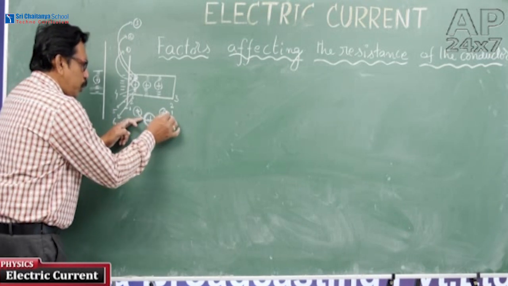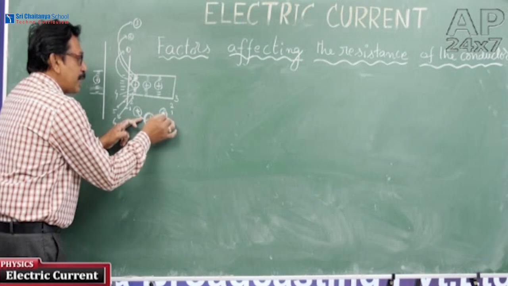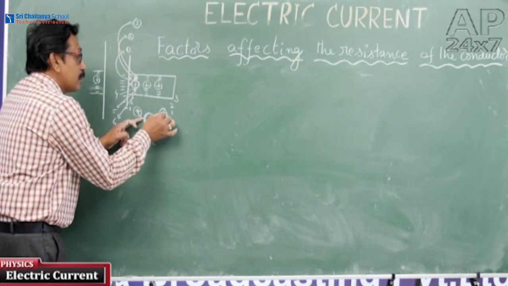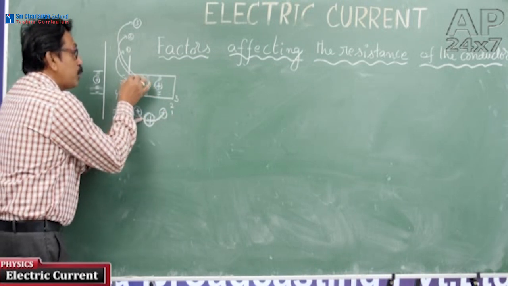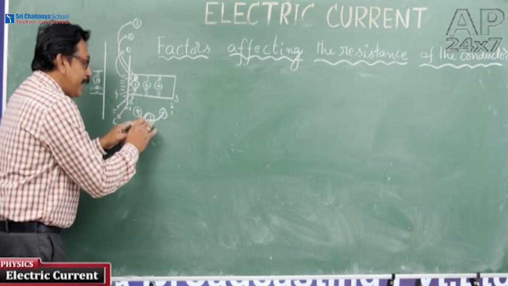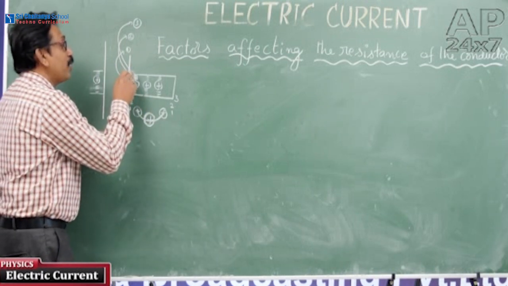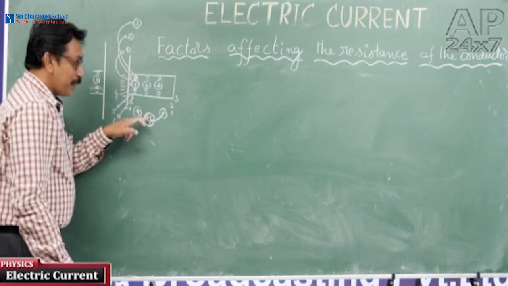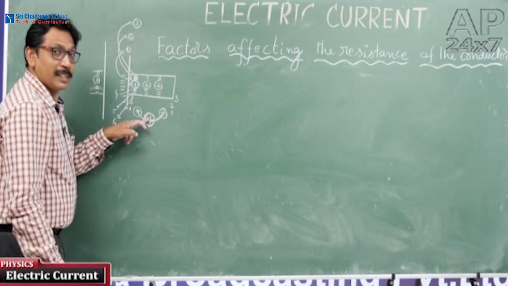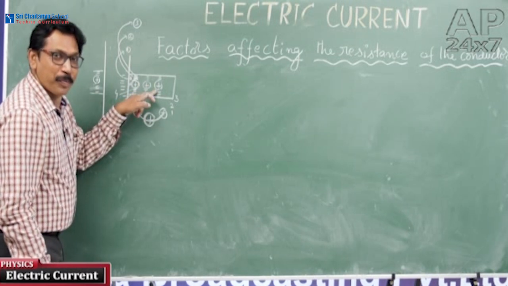When it moves to position number 1, this core ion obstructs the electron at position number 1. That means the vibrating core ion opposes the flow of electrons. This collision in turn causes the opposition of flow of charges.